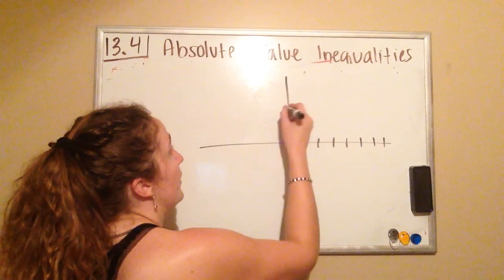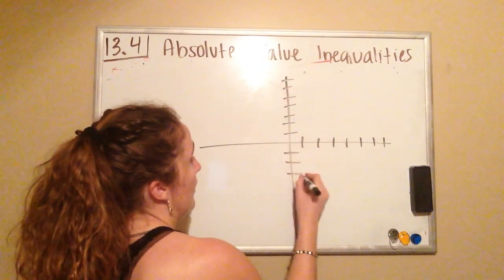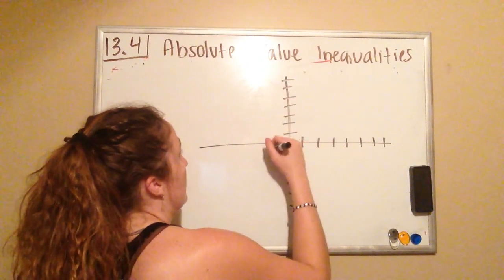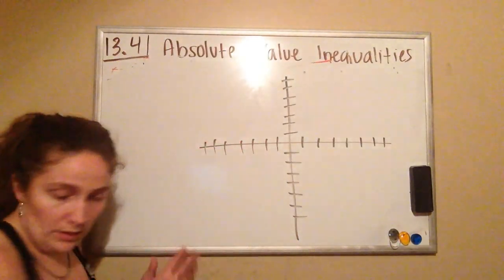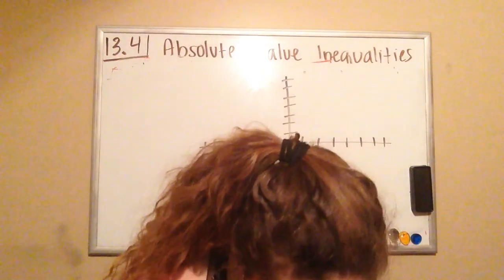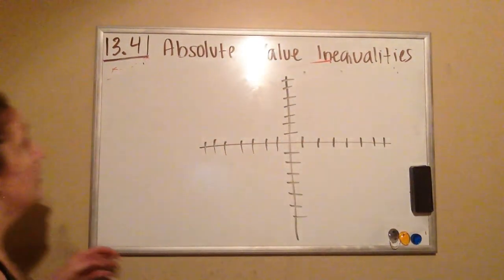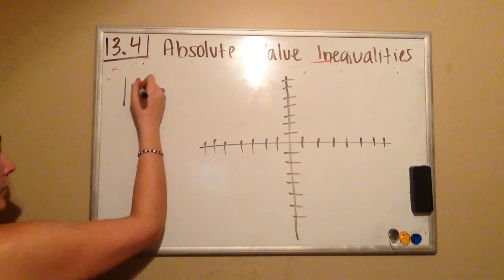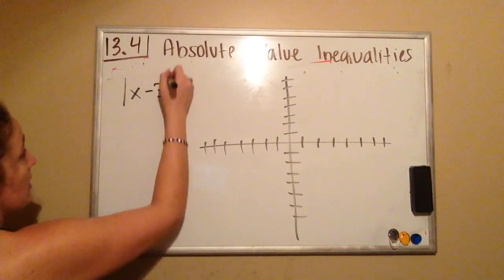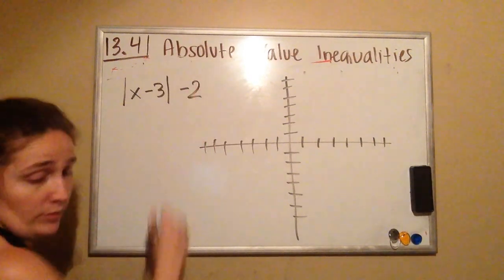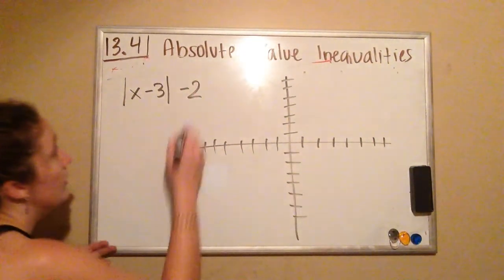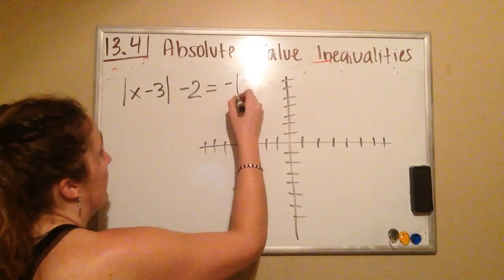Okay? So, let's do the absolute value of x minus 3, minus 2, equals negative 1.